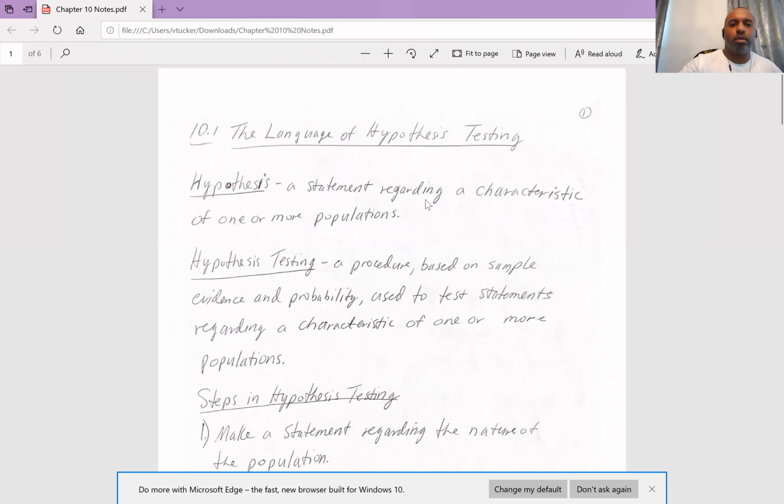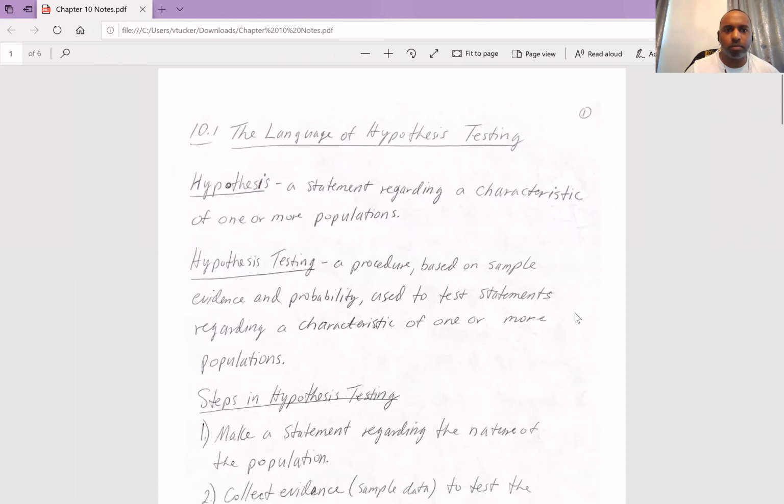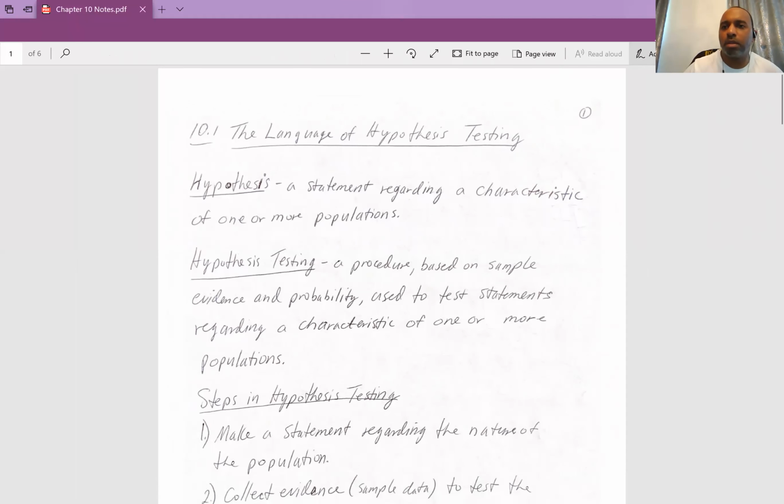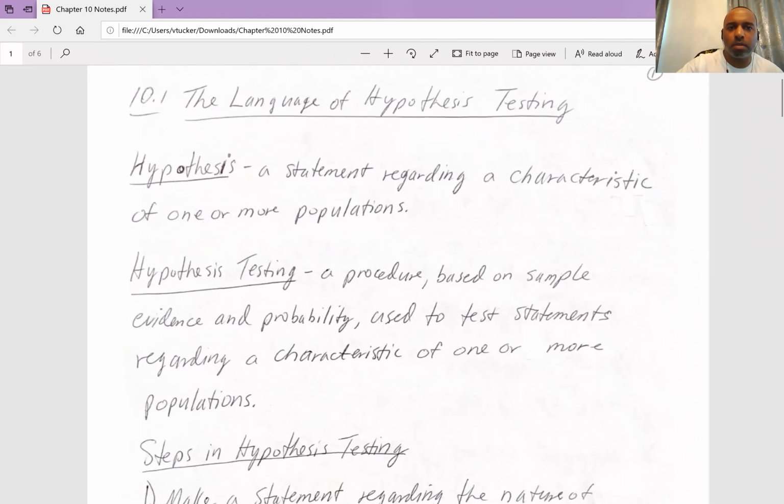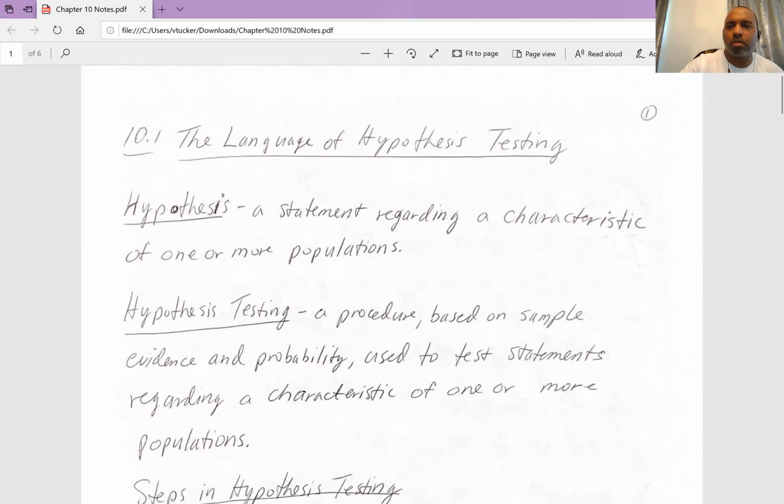All right, so 10.1, language of hypothesis testing. See if I can magnify it a little bit. All right, so language of hypothesis testing, 10.1.